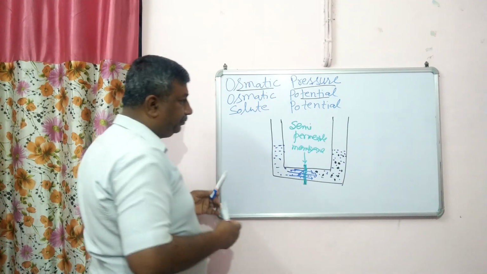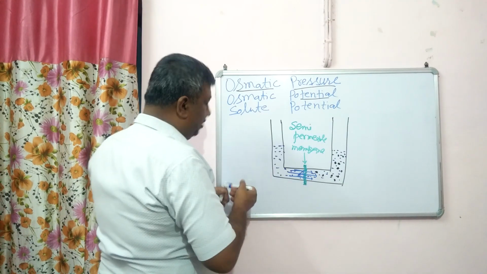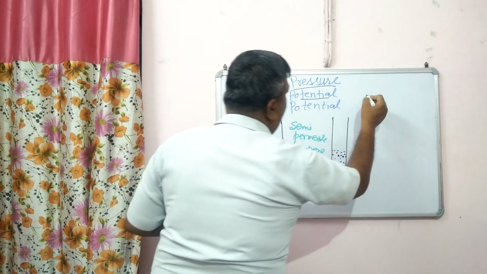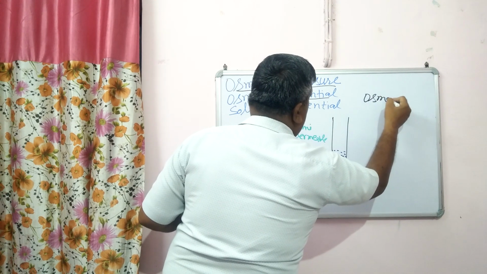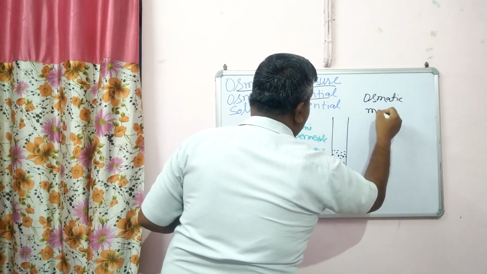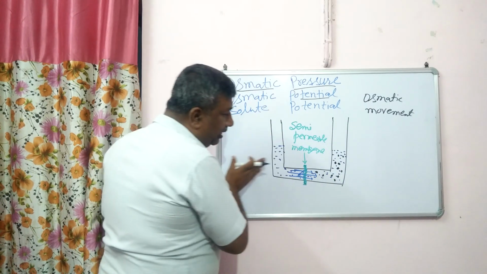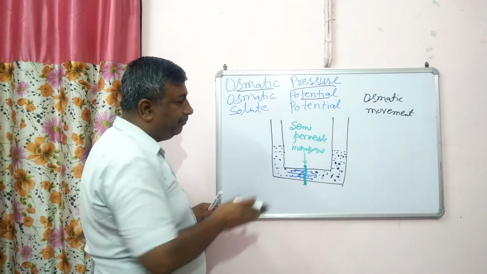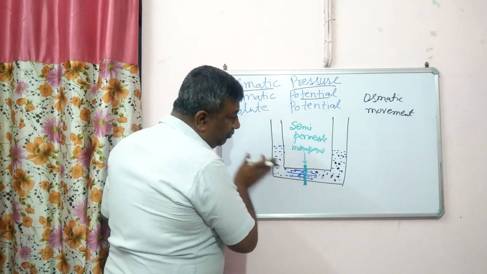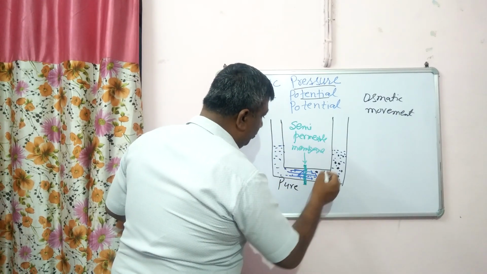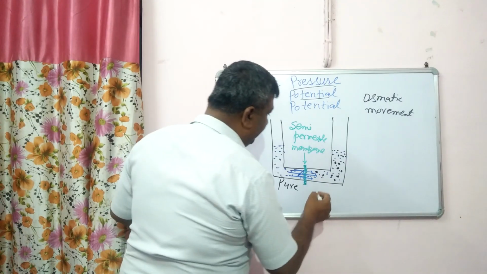And this movement is called osmotic movement. This movement of water is known as osmotic movement. So there is a pressure created, water is moving from this pure water to, we can say, saline water or concentrated water or solution.